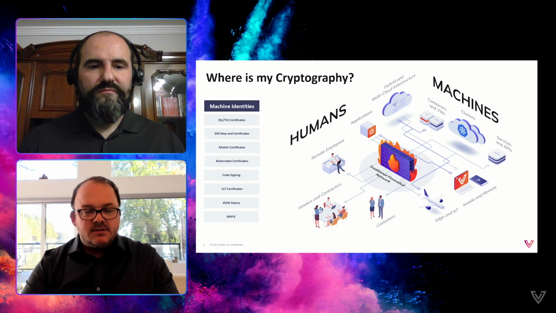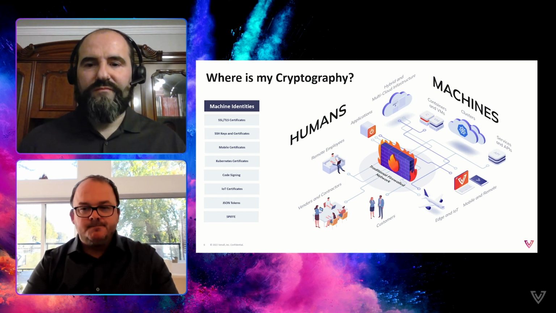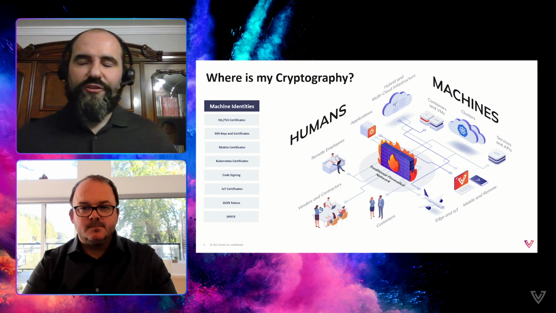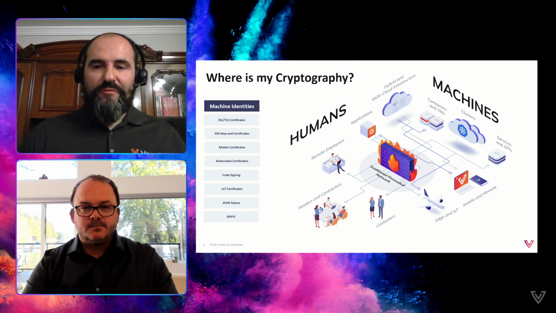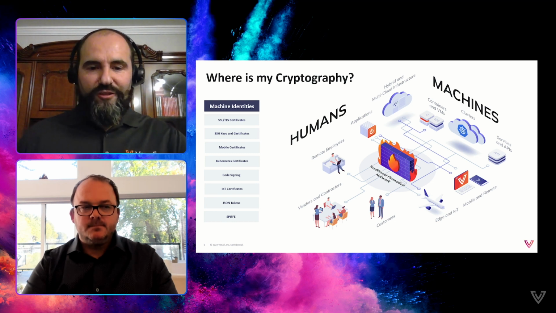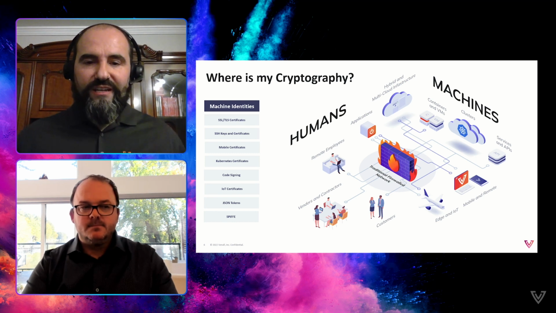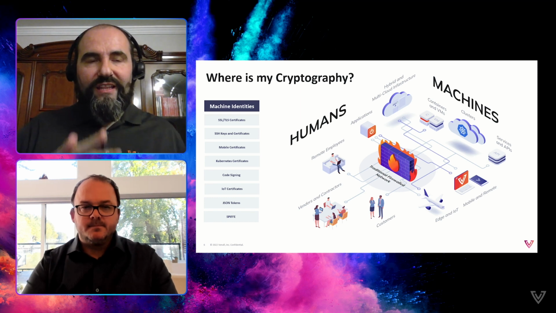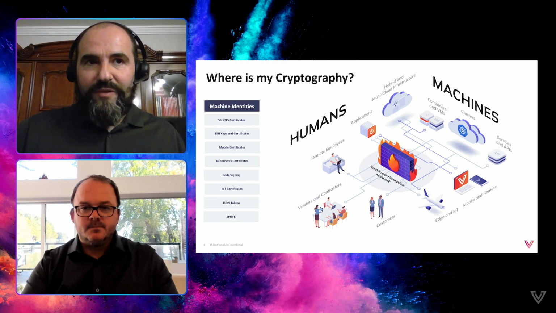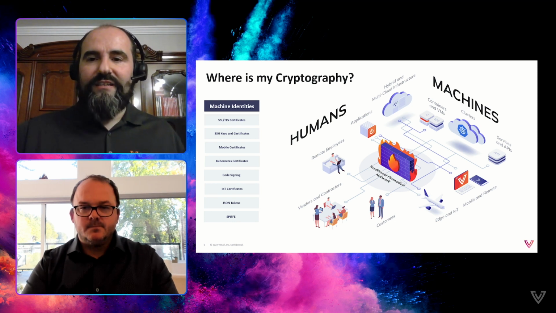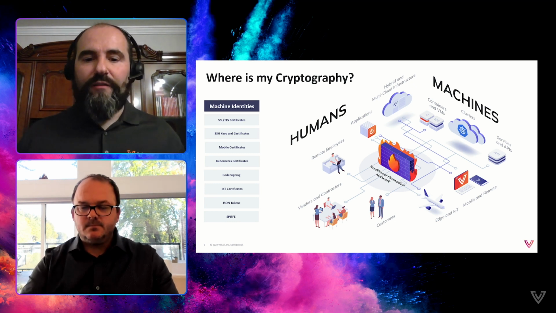JC, would you like to add some comments on this one? Yeah. So from a machine identity management perspective, obviously these are some of the top use cases that we're looking at. The thing that I like to highlight here is that the number of places where you can find these different types of machine identities, all of them using cryptography that is going to have to evolve, is everywhere, right?